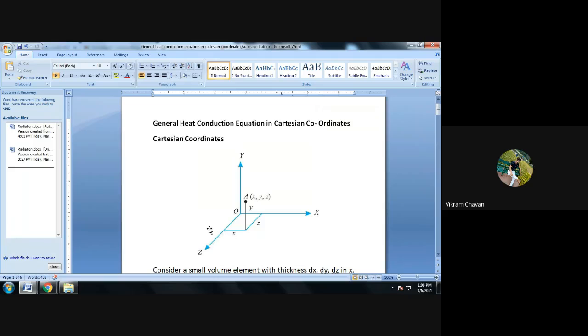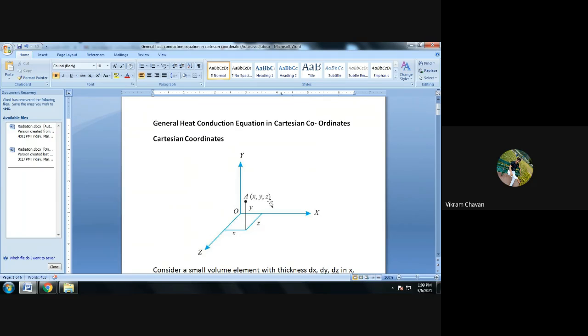And by using these three coordinates we can locate any point in the space. Here you can see that we have to locate this point in a space by using the Cartesian coordinate system. So for that reason we require the three axes, that is x, y, z, or the distance from these three particular axes.